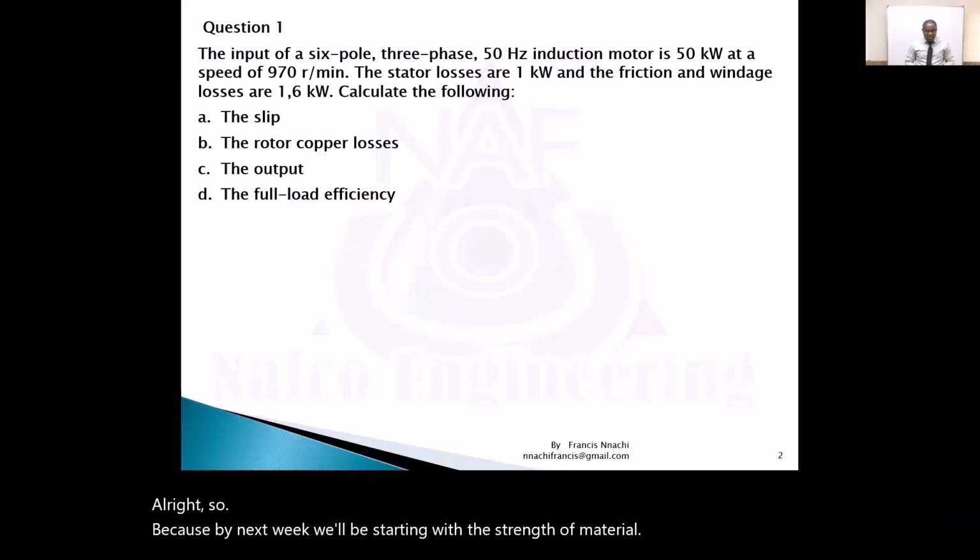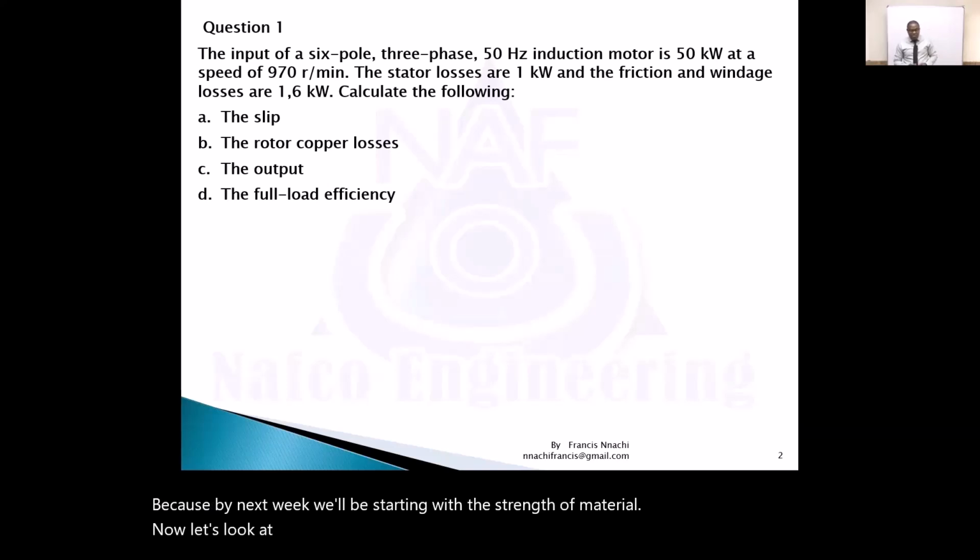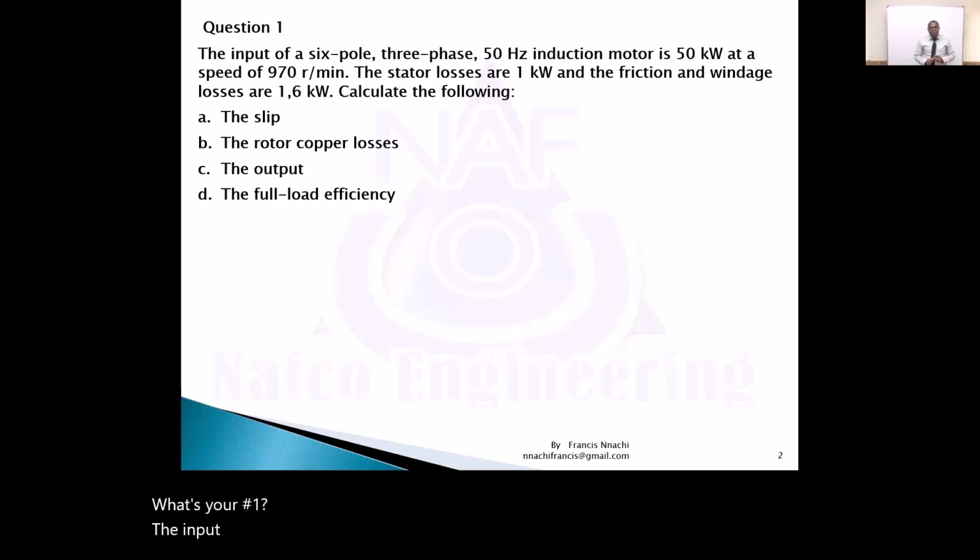Now let's look at this question. It's question number 1. The input of a 6-pole, 3-phase, 50 Hertz induction motor is 50 kilowatts. That's the input power, at a speed of 970 RPM.